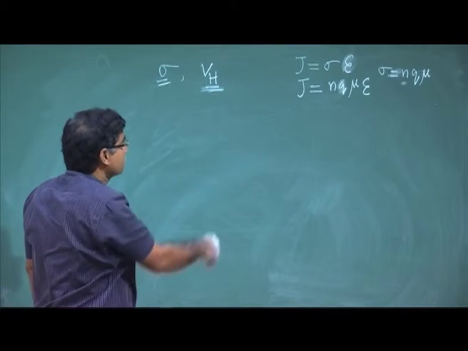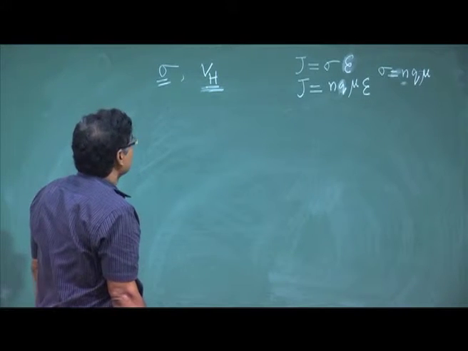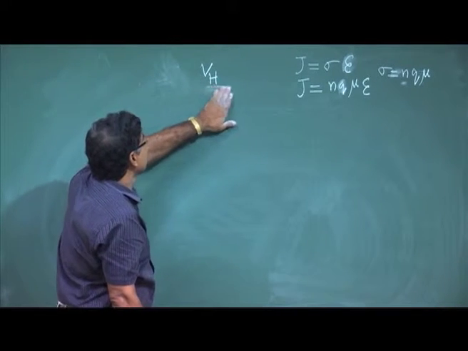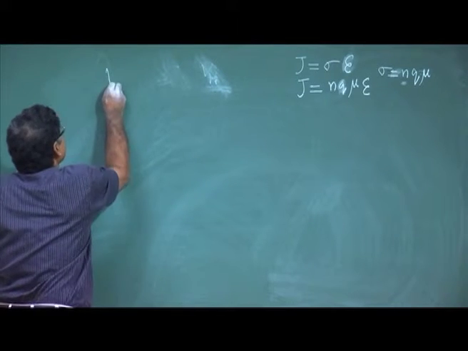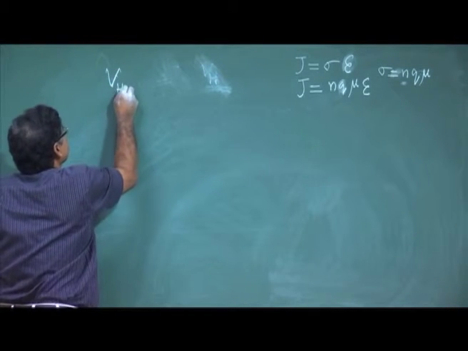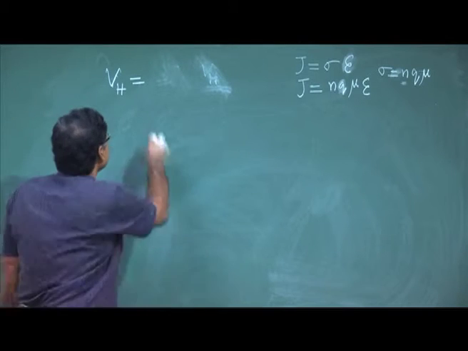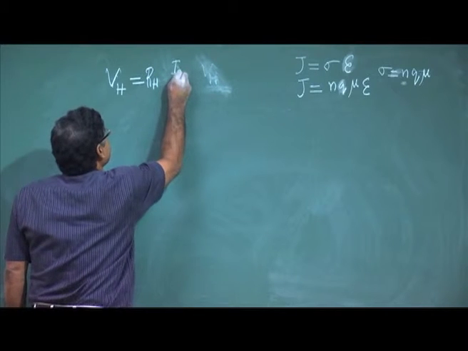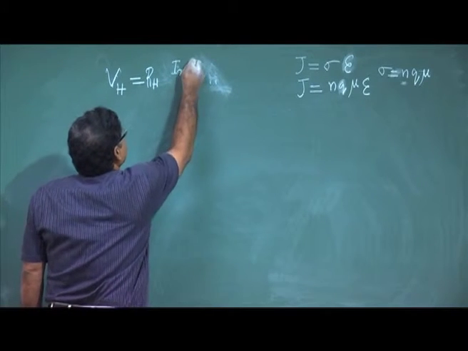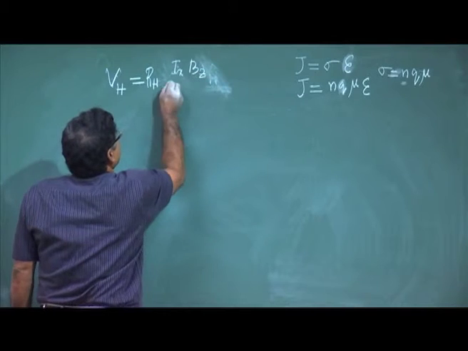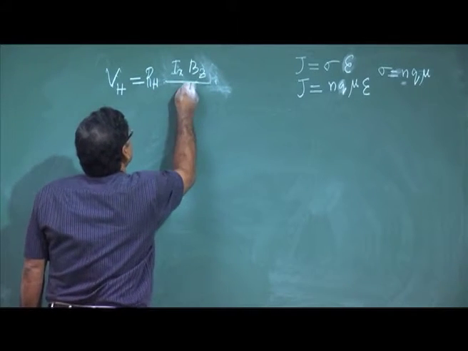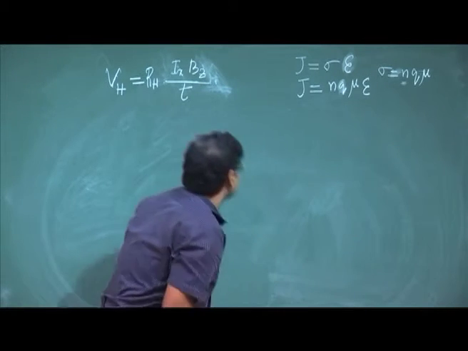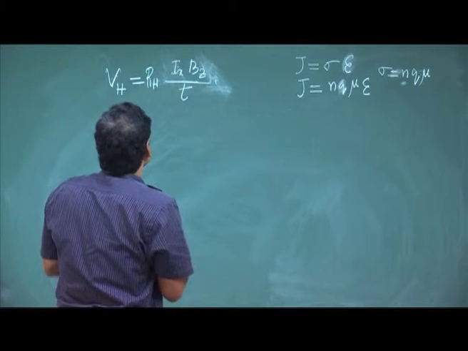And for VH, what is this VH? If I remember, VH was equal to RH, current IX, and then BZ, divided by the thickness of the sample T, right.